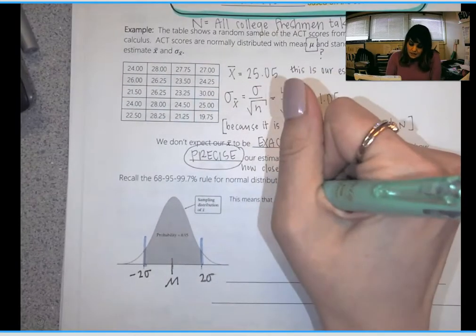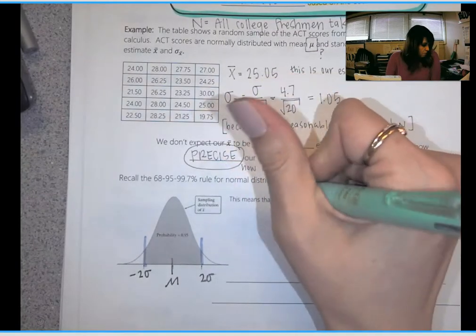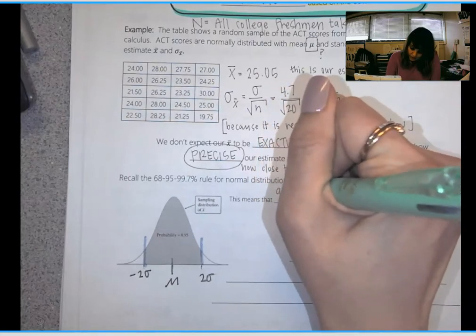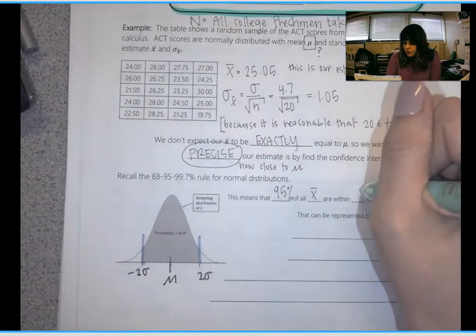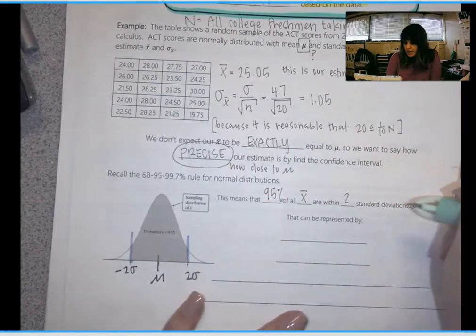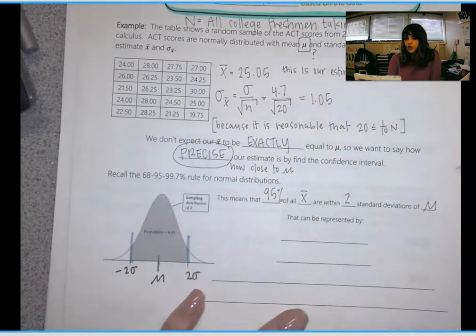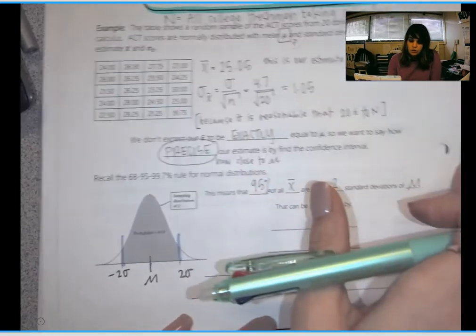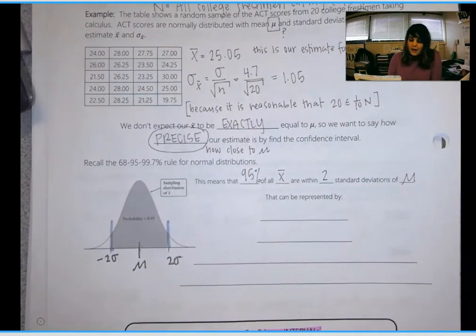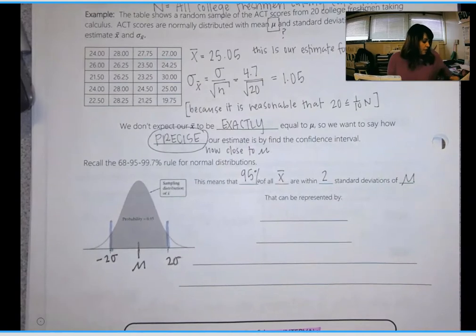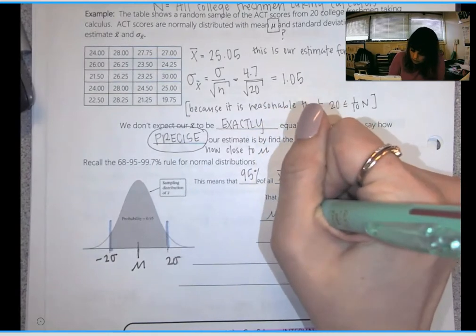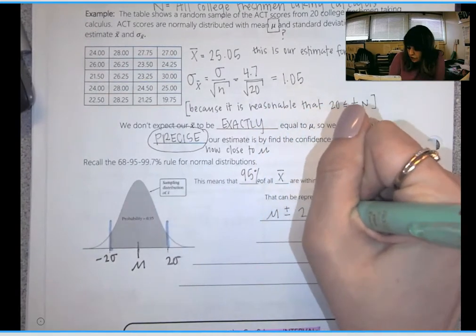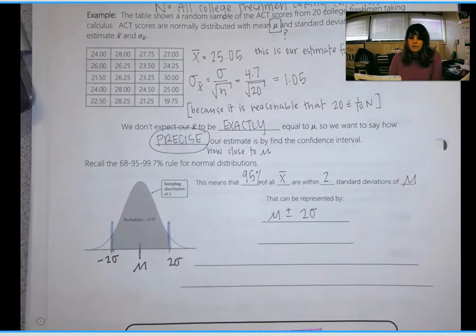This means that 95% of all samples are within 2 standard deviations of true mu. So mathematically, this is represented as the formula mu plus or minus 2 sigma.